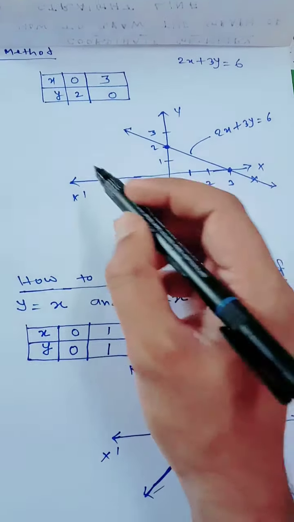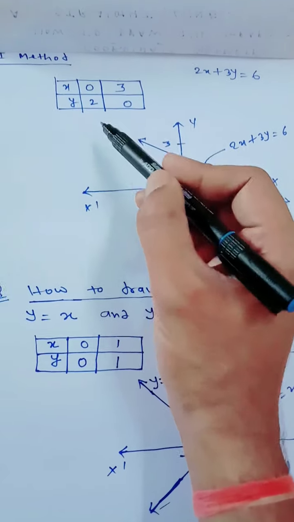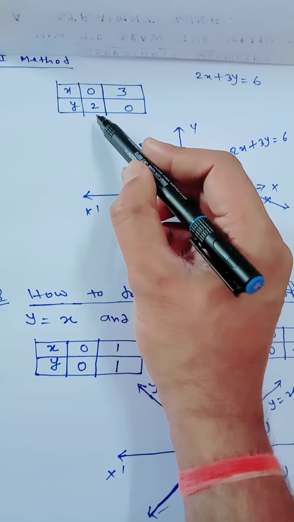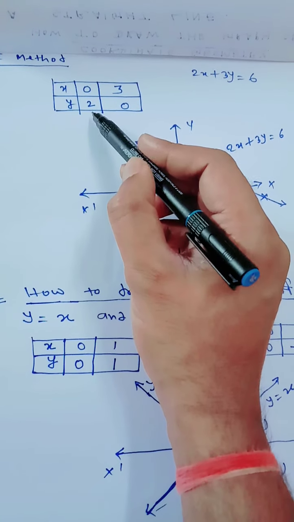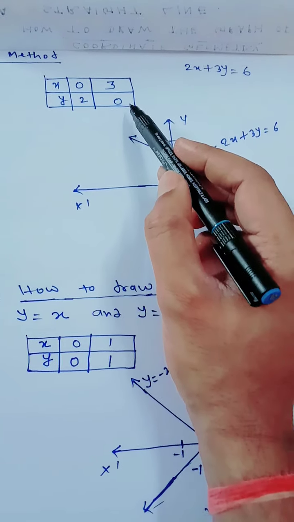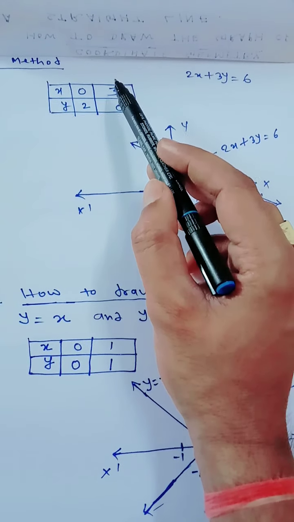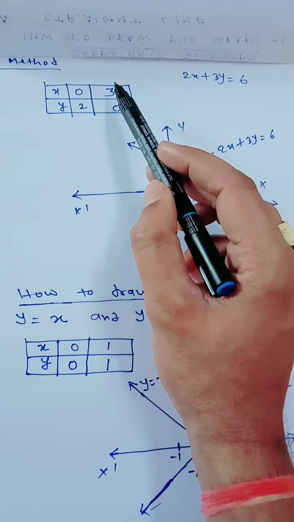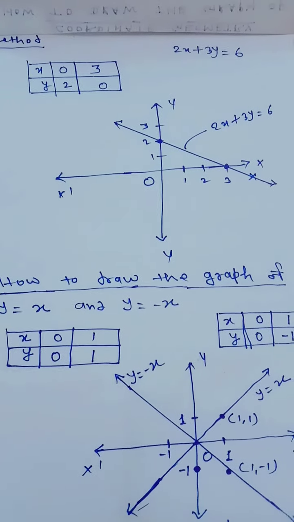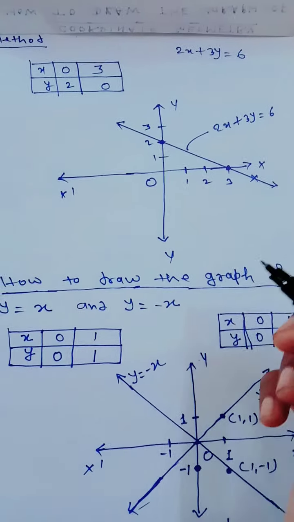So we put x equal to 0 and find the corresponding value of y, and next we put y equal to 0 and get the corresponding value of x. On the basis of these 2 points only we can draw the graph.